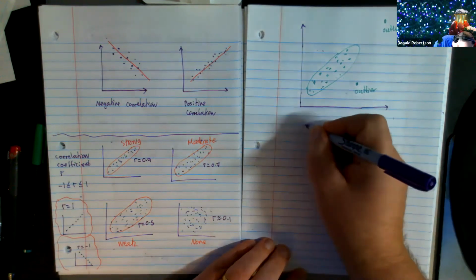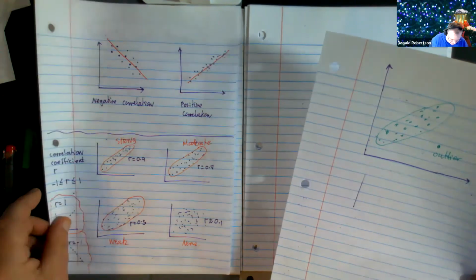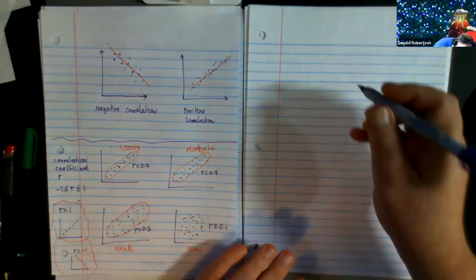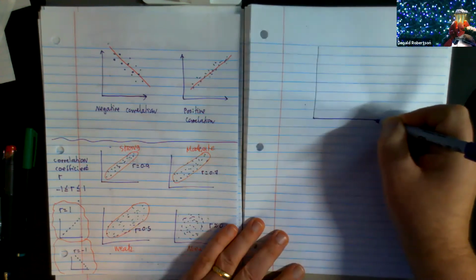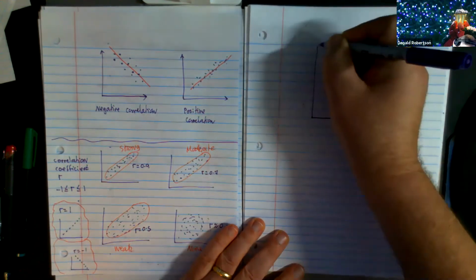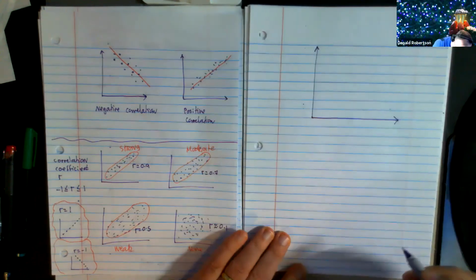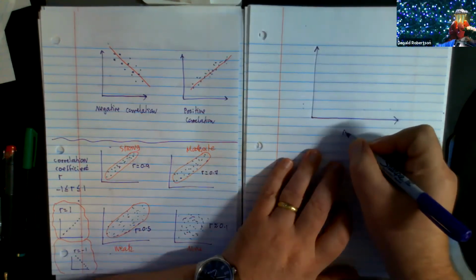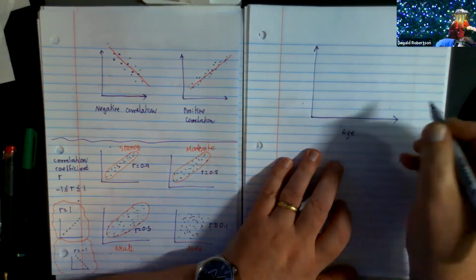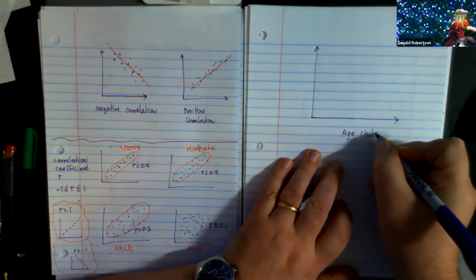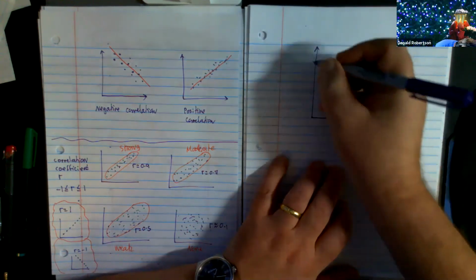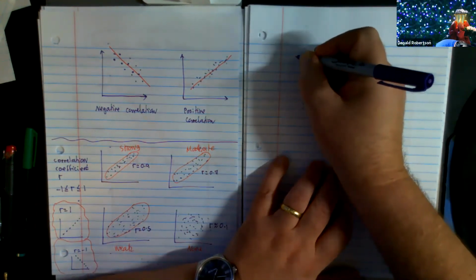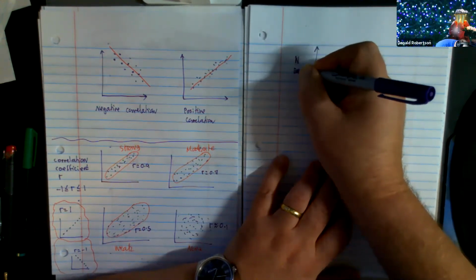Let's look at, well, I'll do it on a new piece of paper. Let's look at a scatter plot. And along the bottom, we're going to do age again. So it's the age of a child. And the vertical one here is just going to be the weight of that child.